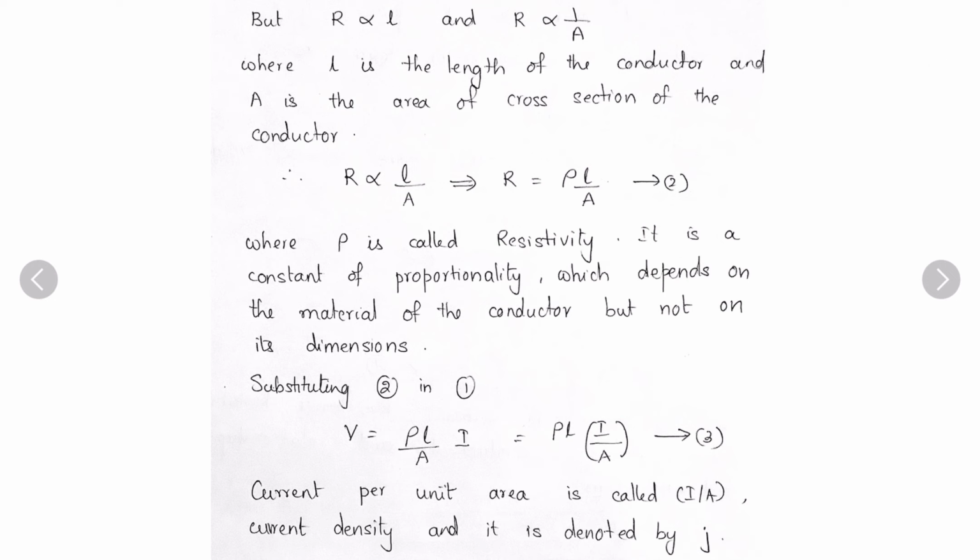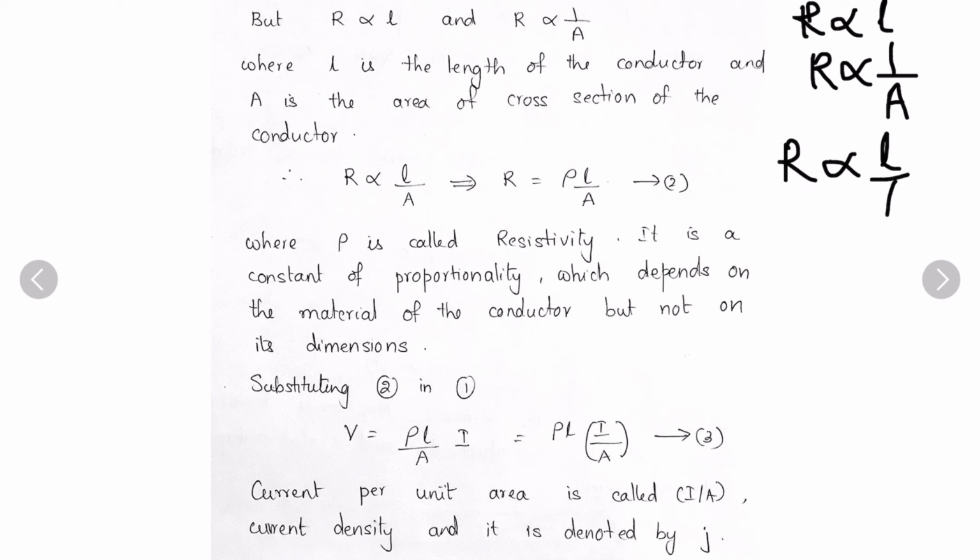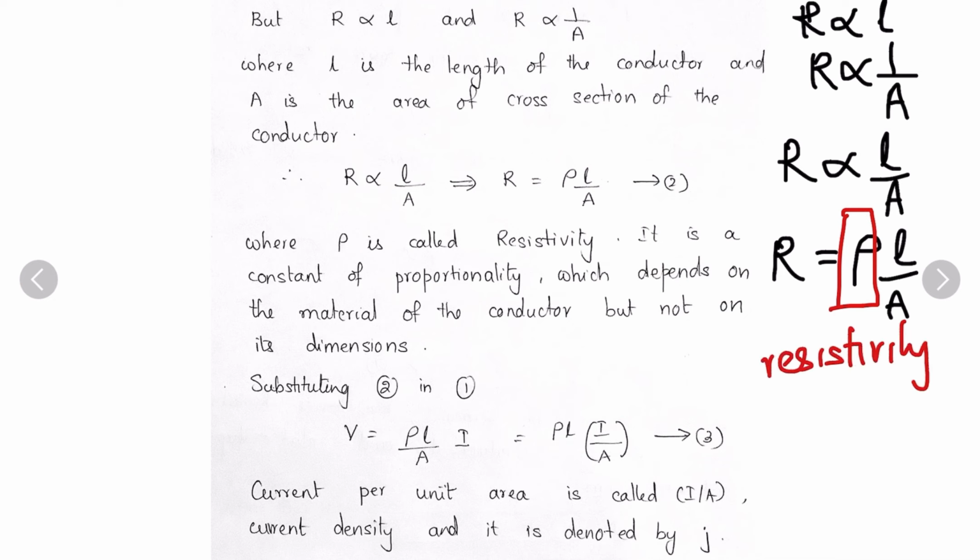Once again I repeat, R is proportional to L. R is inversely proportional to cross-sectional area. Combining them together, we write R is proportional to L by A. Then R is equal to rho L by A, where rho is called the constant of proportionality, that is called resistivity.